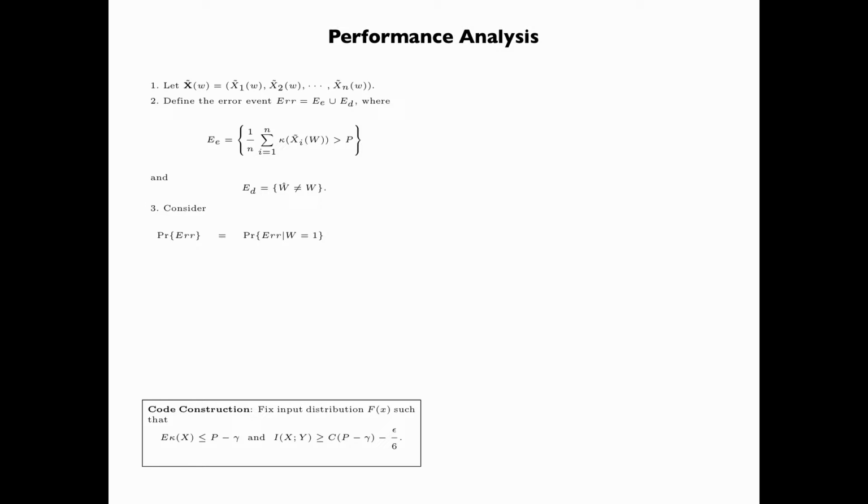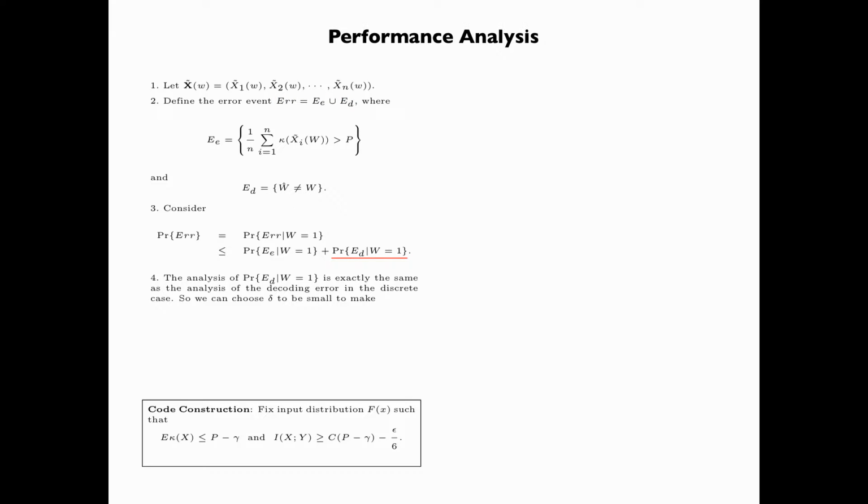By symmetry of the code construction, the probability of the error event is equal to the probability of the error event conditioning on the first codeword being sent. By the union bound, this is less than or equal to the probability of E sub E conditioning on W equals 1 plus the probability of E sub D conditioning on W equals 1.